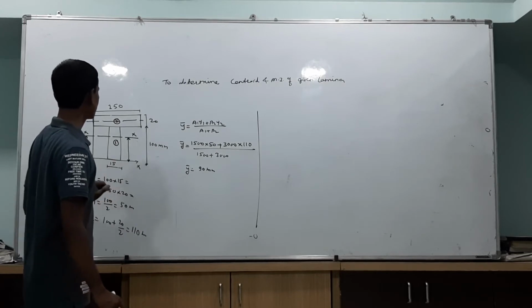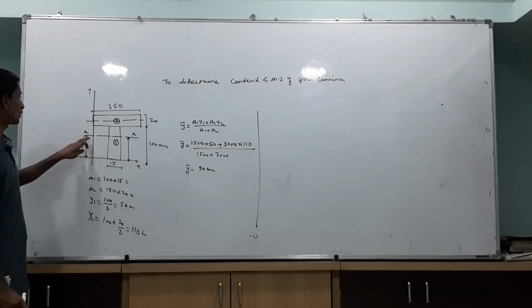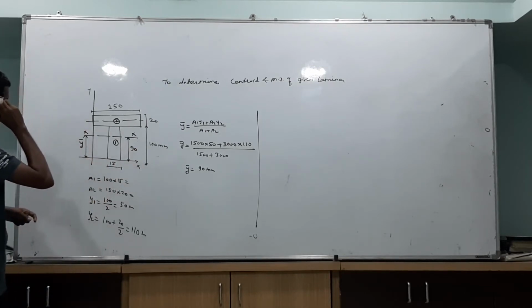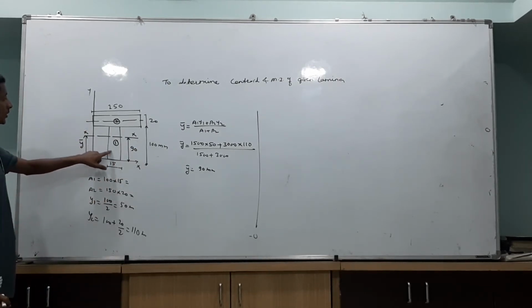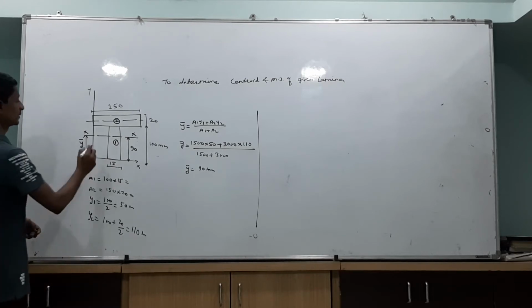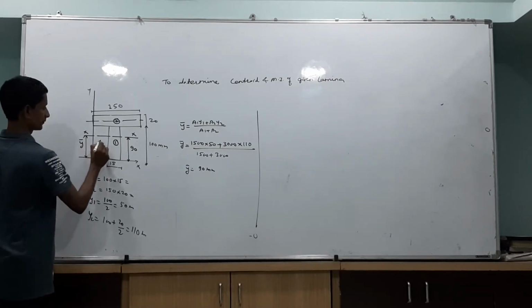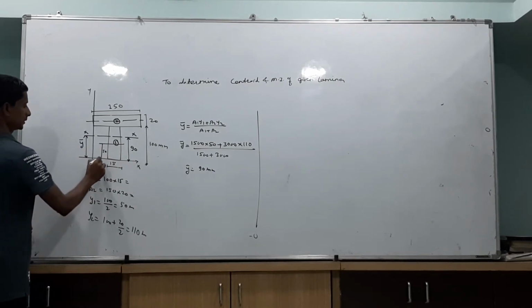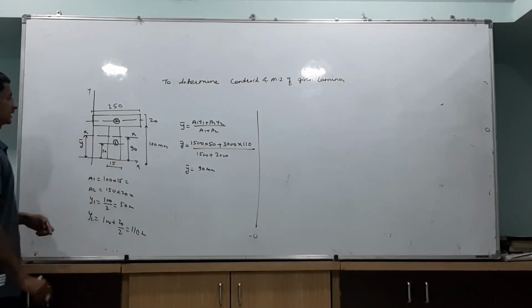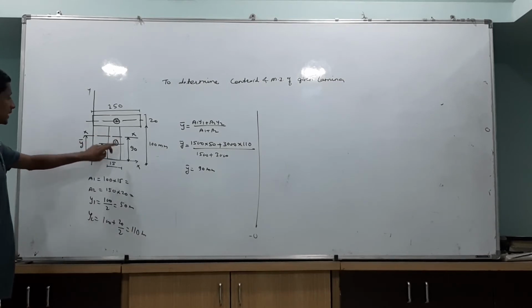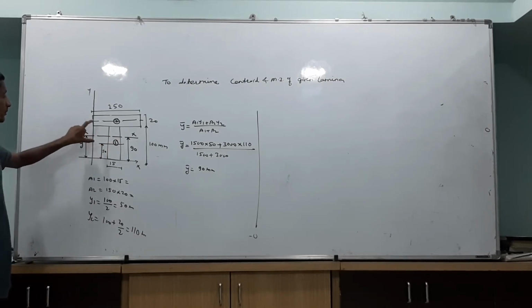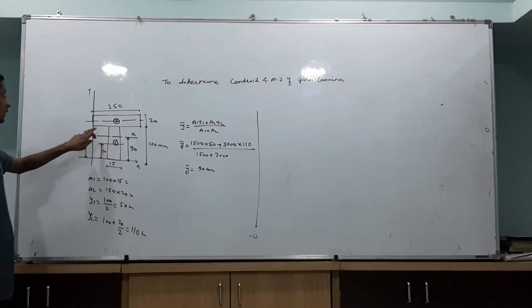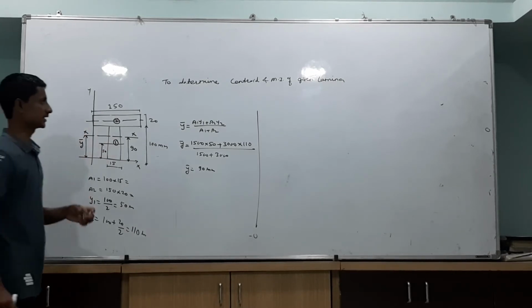In this case, the central axis is at 90 mm from the reference axis, and the centroidal axis of area number 1 is at 50 mm from the reference axis. So these two axes are parallel to each other. So you have to use the parallel axis theorem to find out the MI of area number 1 about the central axis XX.